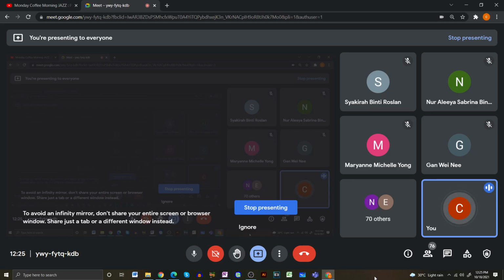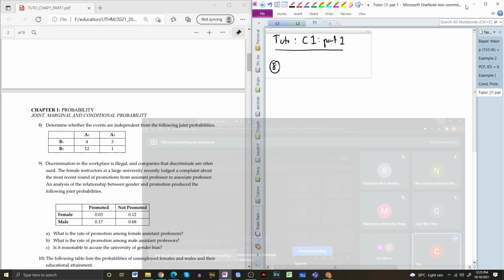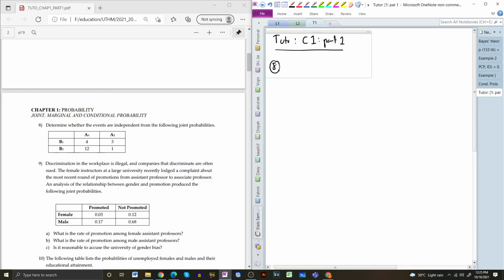You can immediately open the mic and talk to me. But let me do number 8 first. Determine whether the events are independent.